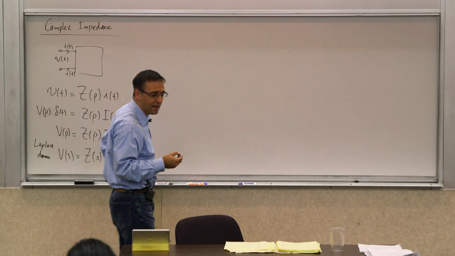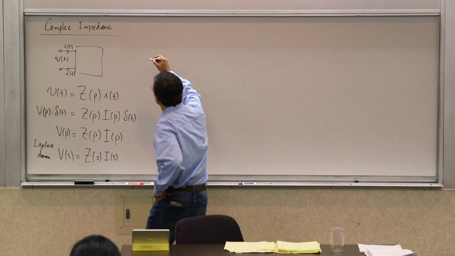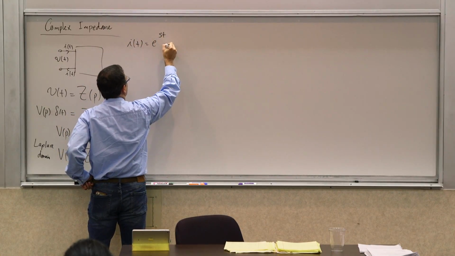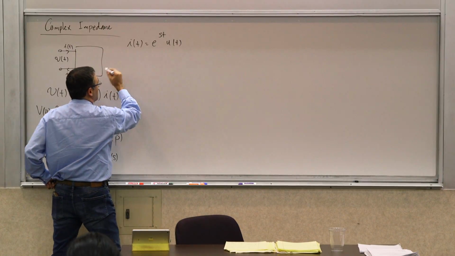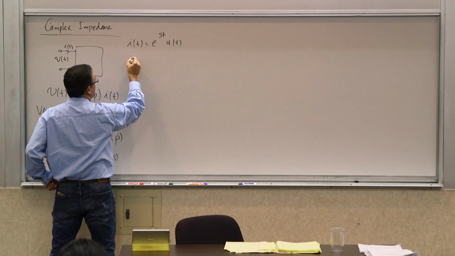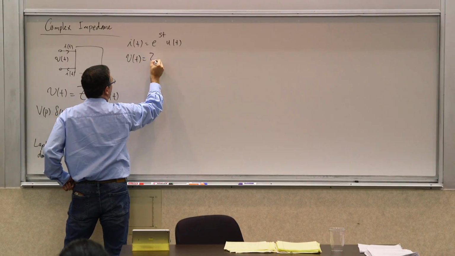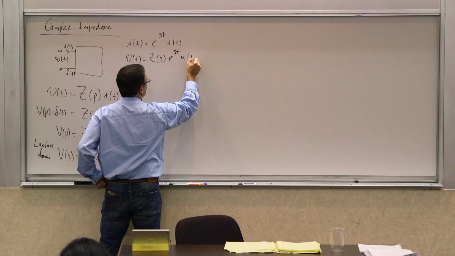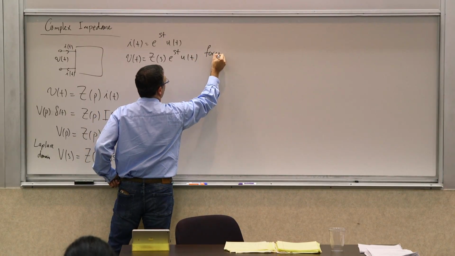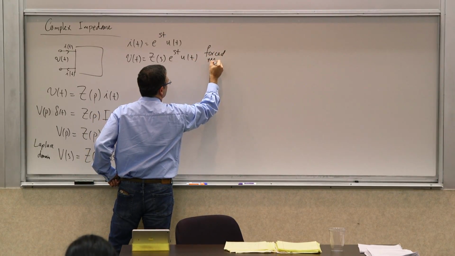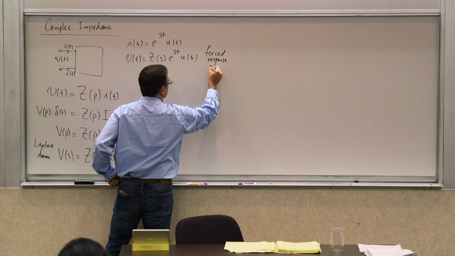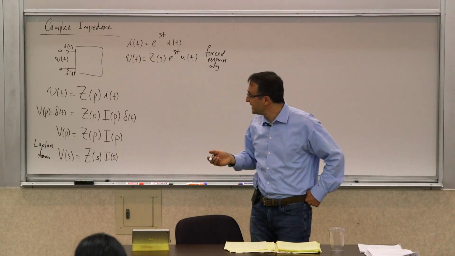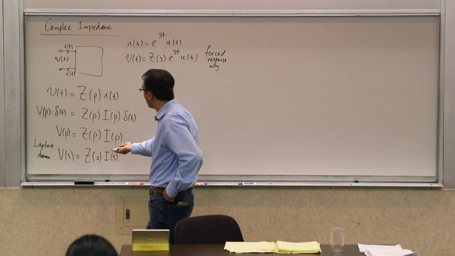For example, if your I of t is e to the st u of t, then you put it through the system, and you would get a V of t that would be z of s e to the st, a forced response. So this is the forced response only. In either case, you can define this z of s, which is now a function.